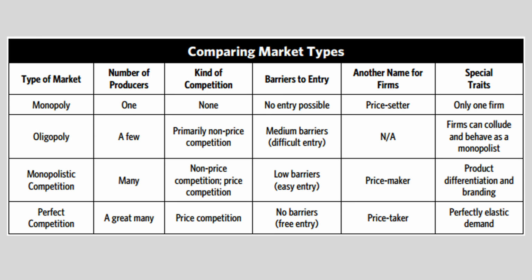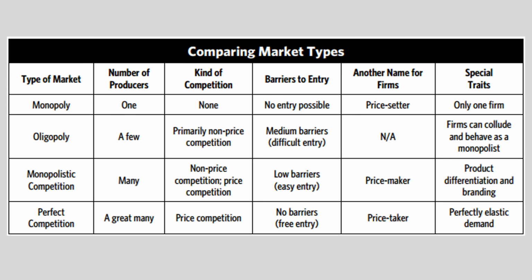Monopolistic competition mostly is non-price, but also some price competition. Now, typically what we mean by non-price would include things like advertising or brand name competition. Oligopoly, most competition tends to be non-price competition. And in monopoly, there is no competition.